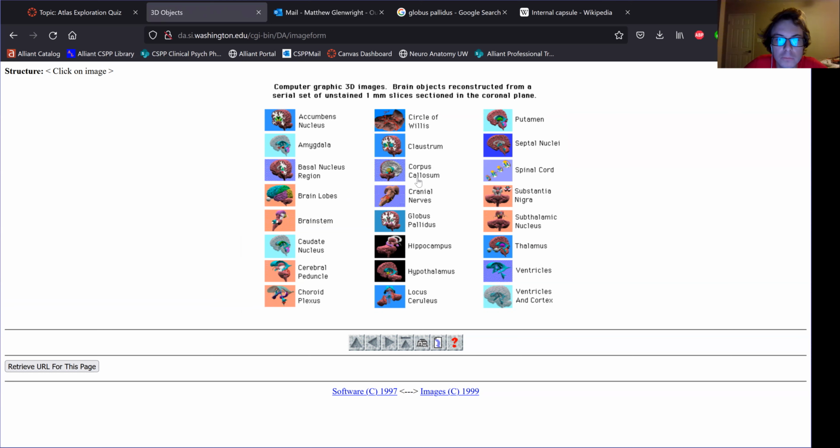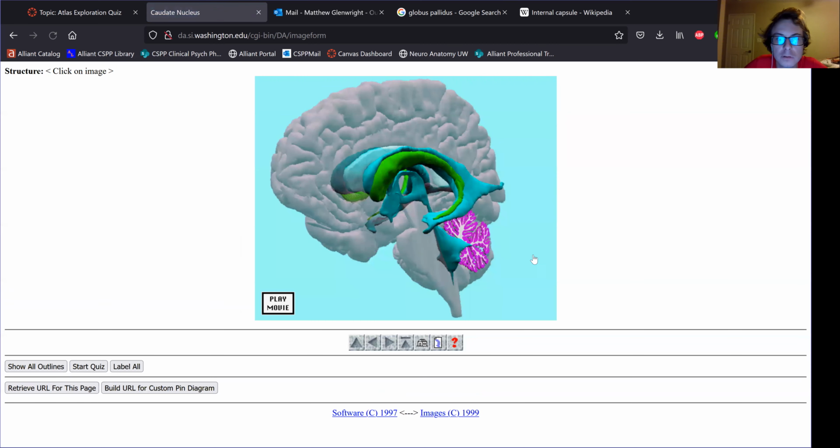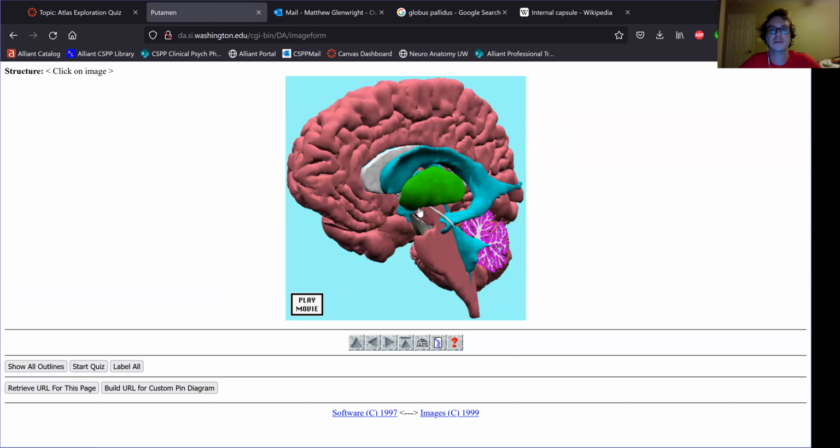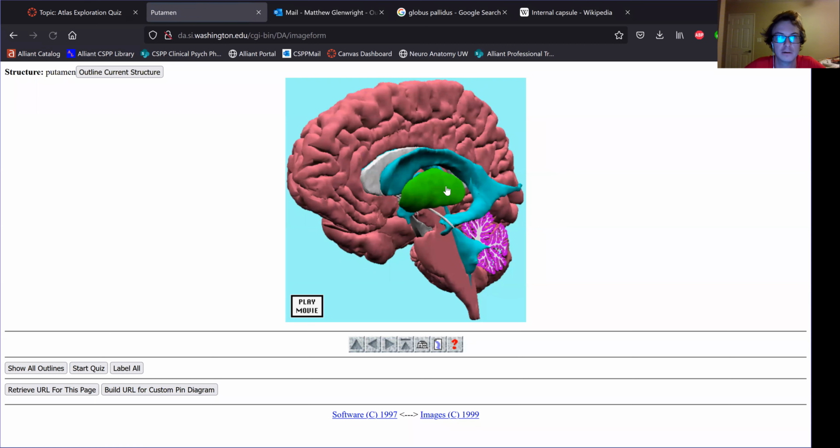So where's the good picture of the caudate nucleus? This one, yeah. So it's this green part that wraps around the lateral ventricle. And then you have the putamen and globus pallidus. Here you would have the caudate nucleus that would wrap around like that. You have the putamen right here.